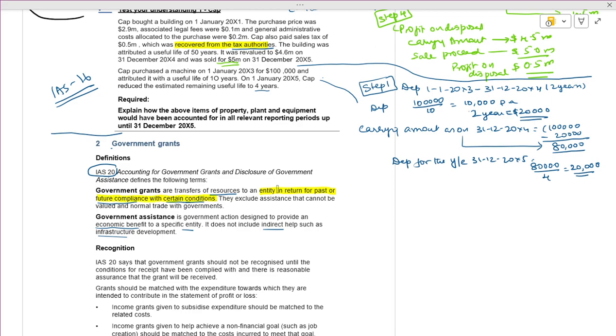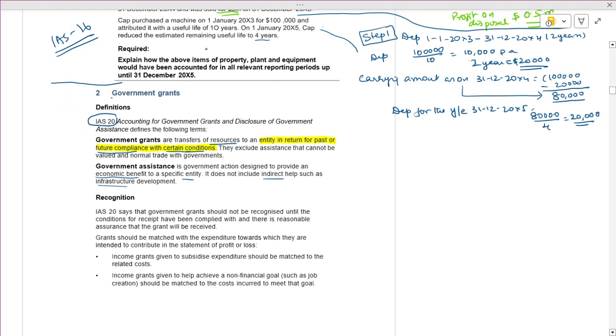Most countries give assistance to companies, something like a tax holiday, a grant for land expansion, or a subsidy, in different ways. IAS 20 says that a grant should not be recognized until the conditions of receipt have been complied with and there is reasonable assurance the grant will be received.